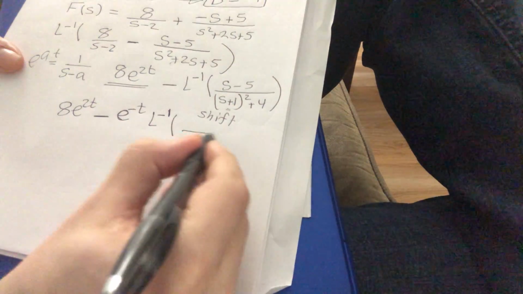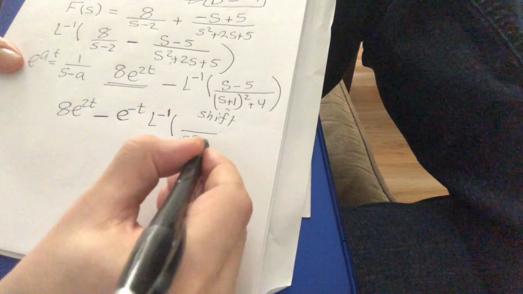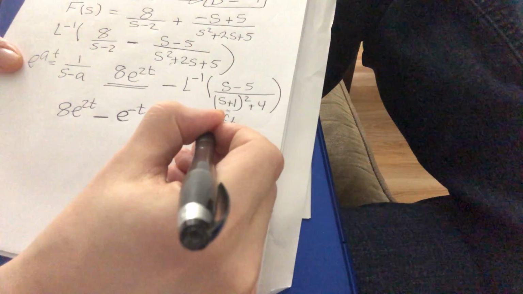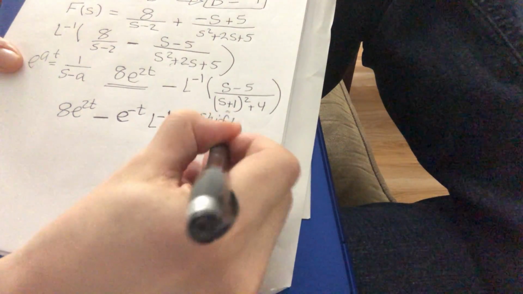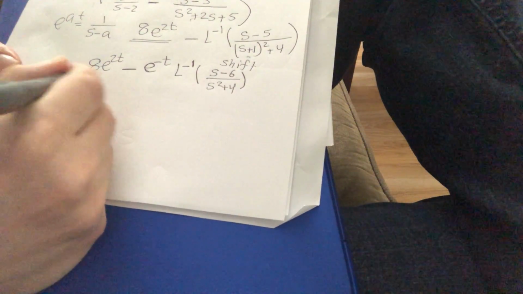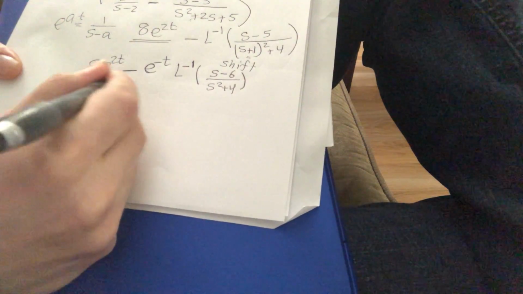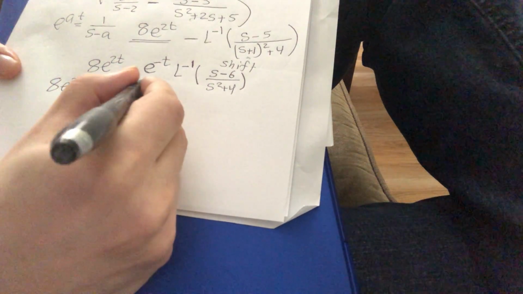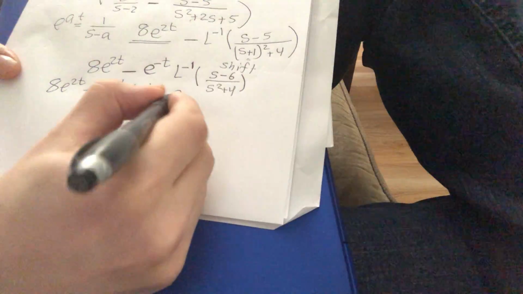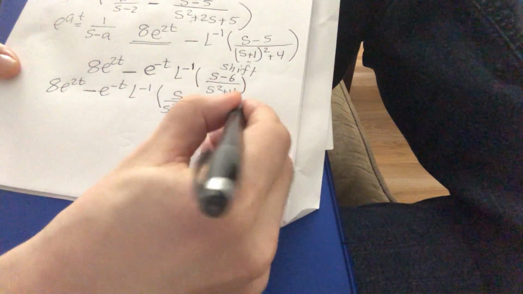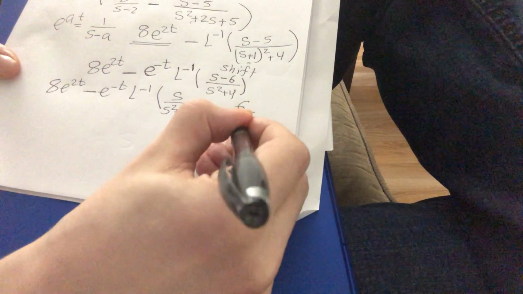Taking 1 from this is s squared plus 4. Taking 1 from this is s minus 6. So this is e to the 2t. This is e to the minus t. Now, it's Laplace transformation for s over this and minus 6 over this.